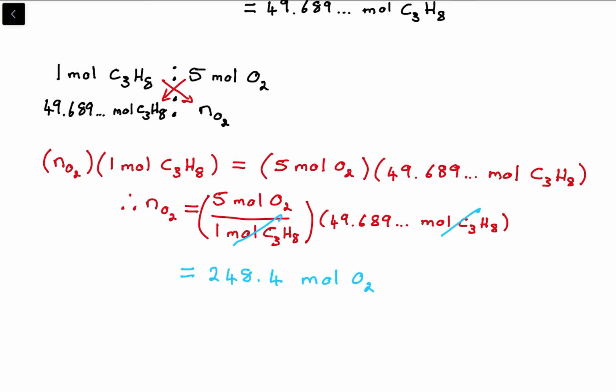Right, but the important thing I want you to notice is this fraction that I have over here that says 5 mole over 1 mole propane. You don't need to write down this thing here.